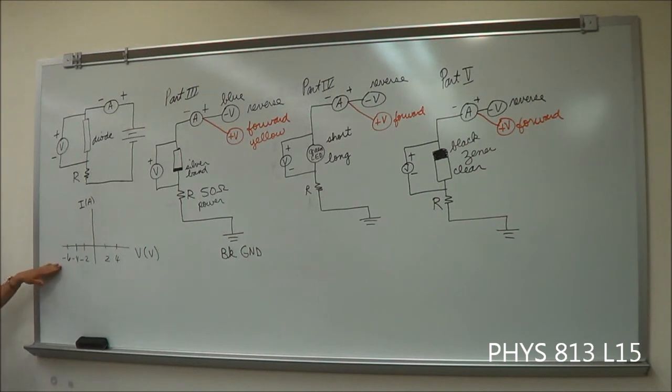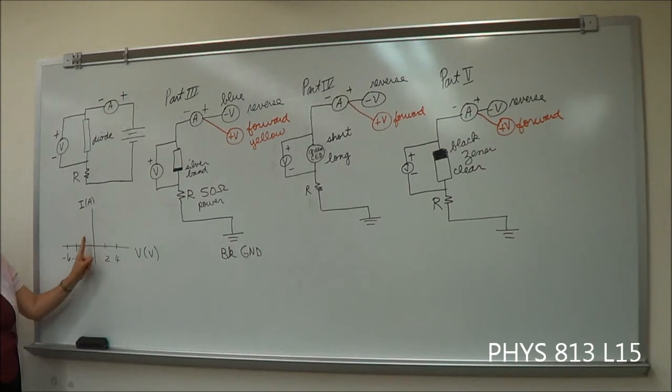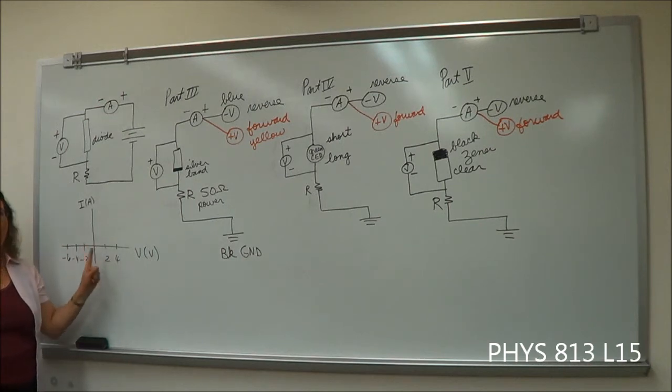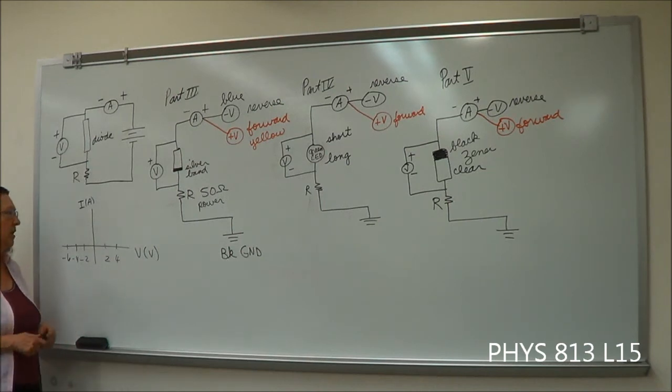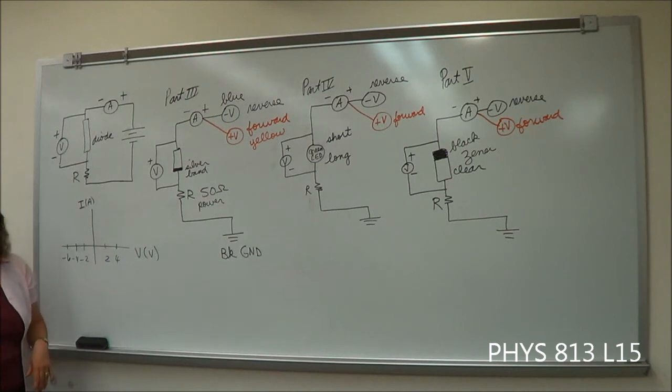But whatever scale you have, and you do need to have the -6 on there, whatever scale you have on the left side of the y-axis, you need to have the same scale on the right side. And the reason for that is that it emphasizes the effect of the diode. Otherwise, you get things that are kind of distorted, or they don't really convey what you're supposed to be seeing.